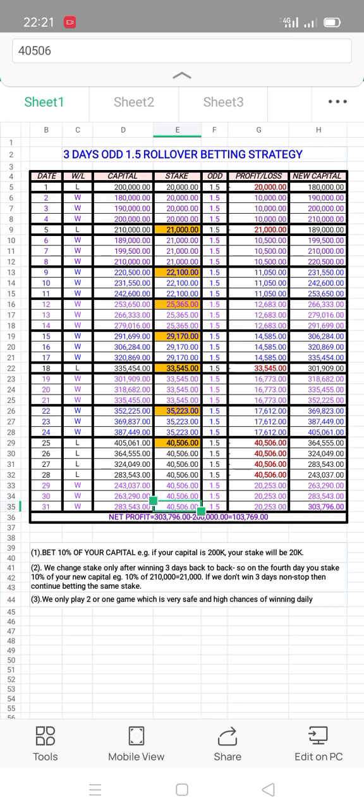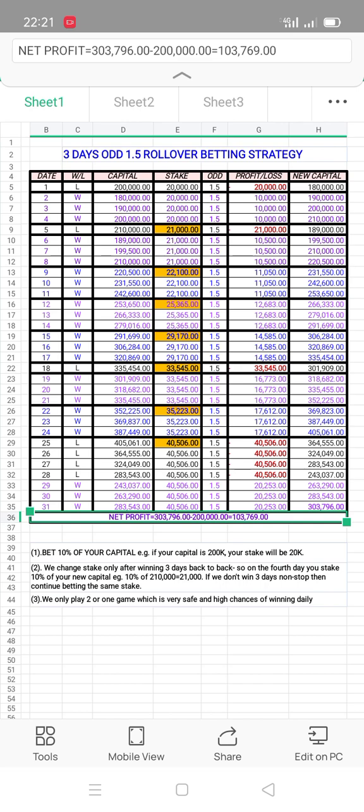Those are 3 days rollover. But in this case, the month has ended, which has 31 days. So we just stop there. Then we subtract our initial capital, which was 200,000, from this total amount, 303. So we get a total of 103,769 net profit.